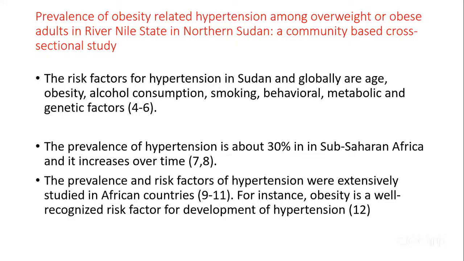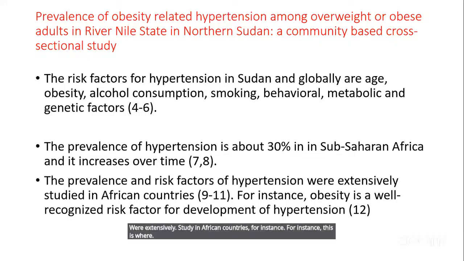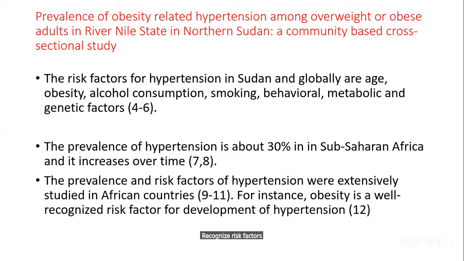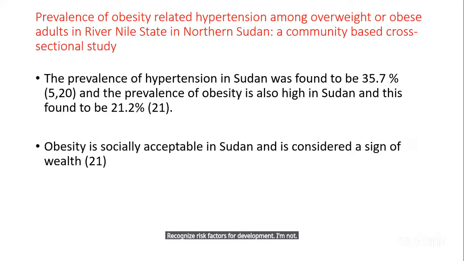The prevalence and risk factors of hypertension were extensively studied in African countries. For instance, obesity is a well-recognized risk factor for development of hypertension. The prevalence of hypertension in Sudan, the country of note, was found to be 35.7%.